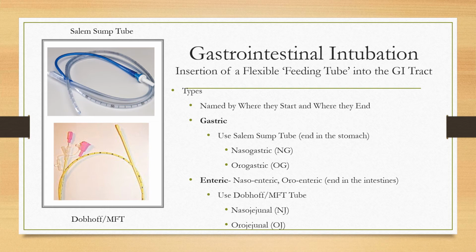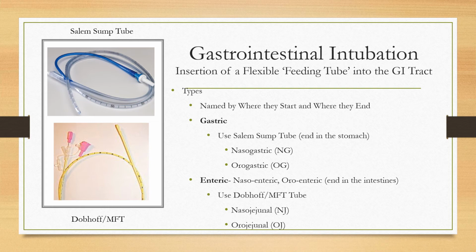So the Salem pumps are really for suctioning. We've spoken about the nasogastric tube and the orogastric tube. And these have 2 lumens, okay? The first lumen is to suck up material, right?